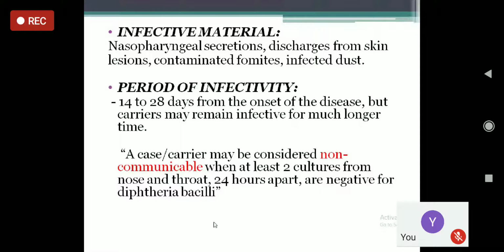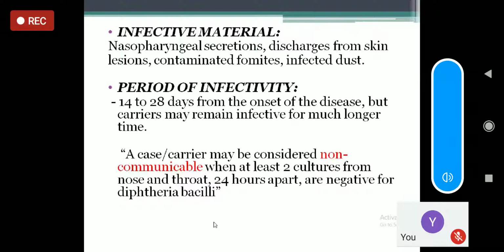So if you touch those clothings, beddings, blankets, or clothes used by the diseased person, and you don't wash your hands properly, and then touch your nose and mouth with that hand, you will be infected too.